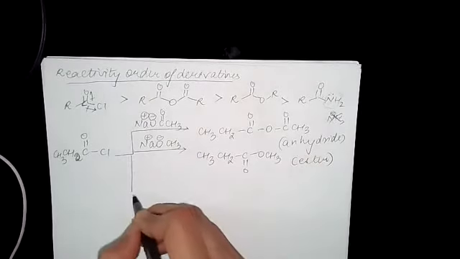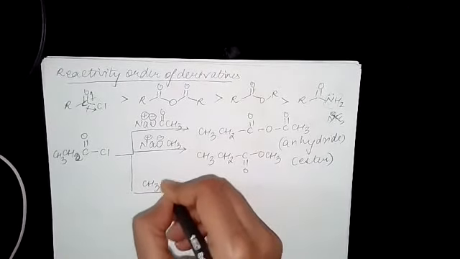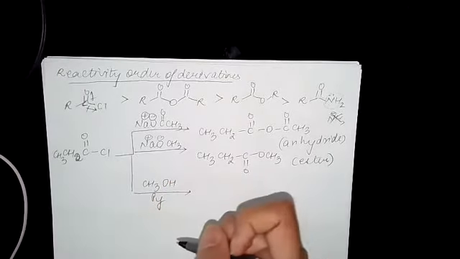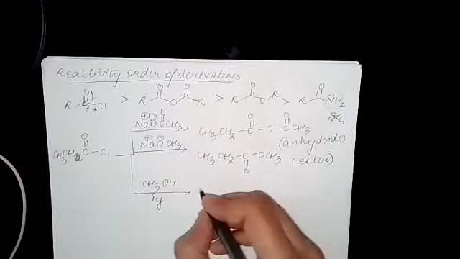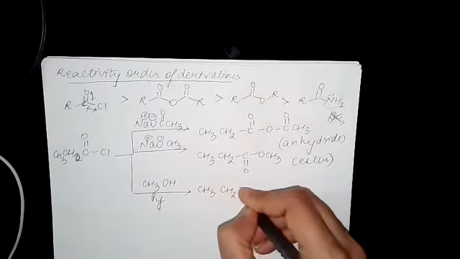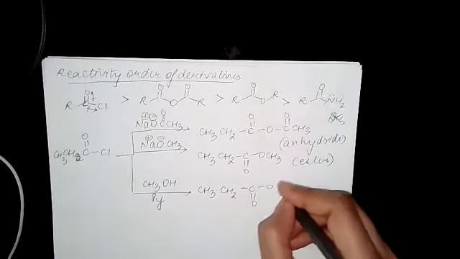You can also get an ester from the acyl halide by using the corresponding alcohol and a weak base like pyridine. So in this case also, we are going to get an ester, OCH3.